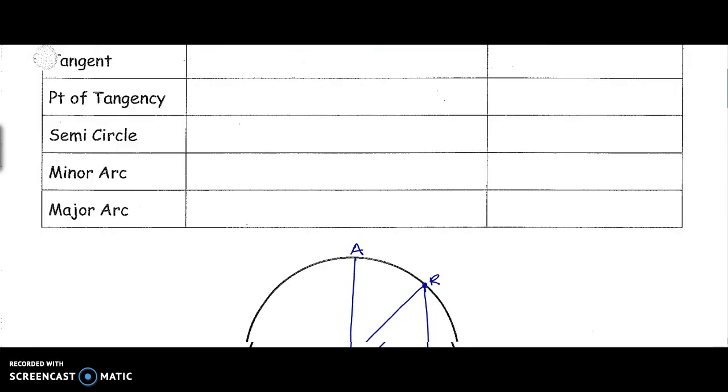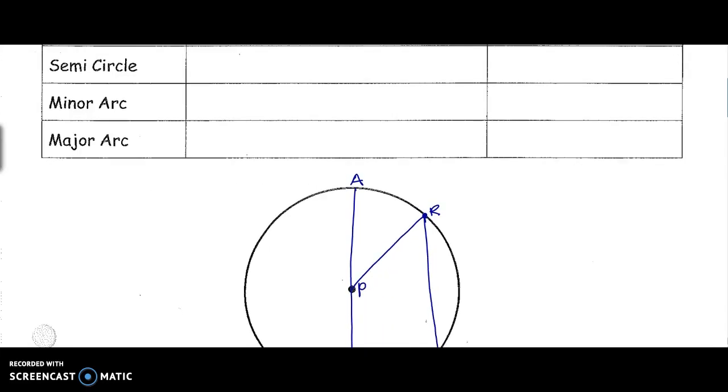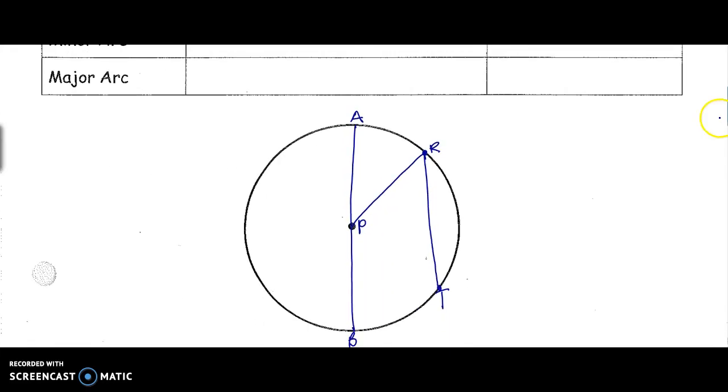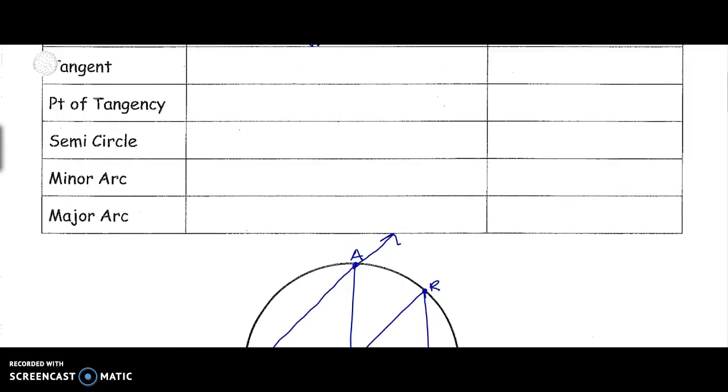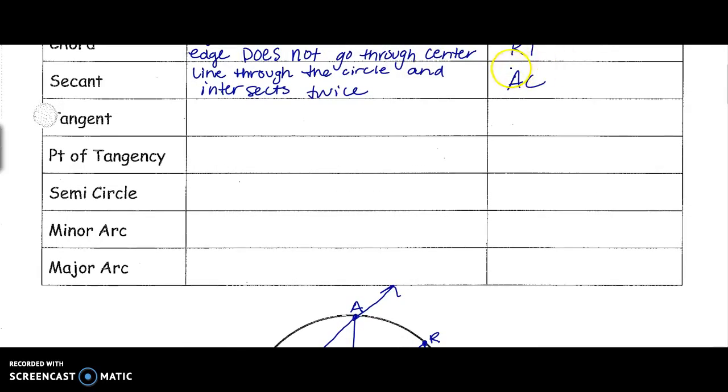Okay, so a secant goes into the circle. I'm going to have it intersect at point A. It's going to go through the circle and exit at point C. So this line opens or starts the circle at A and continues to move out of the circle at point C. So AC is the line that we're going to use. And because it is a line, we have to draw the arrow above it.